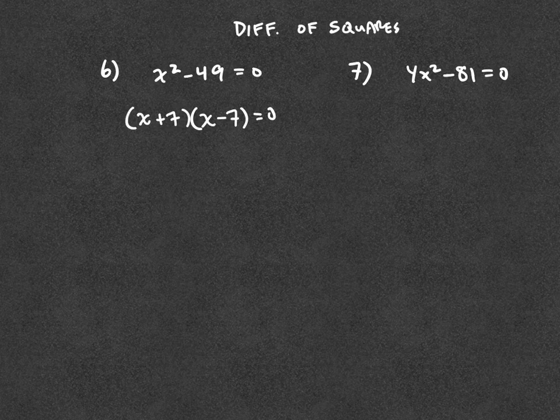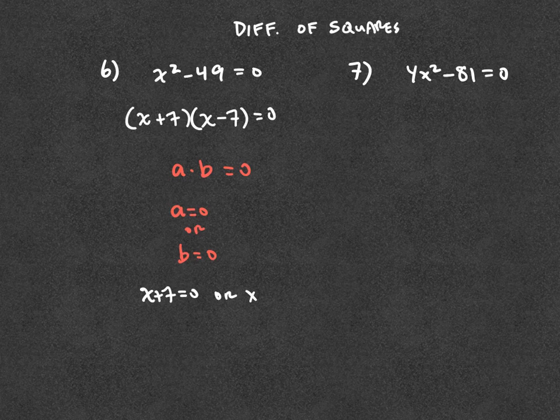Now, if I were to tell you that a times b equaled 0, you could say either a equals 0 or you could say that b equals 0. In our case here, since x plus 7 times x minus 7 equals 0, either x plus 7 is equal to 0 or x minus 7 is equal to 0.